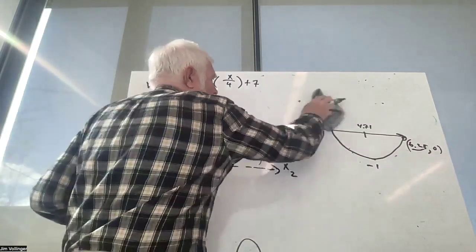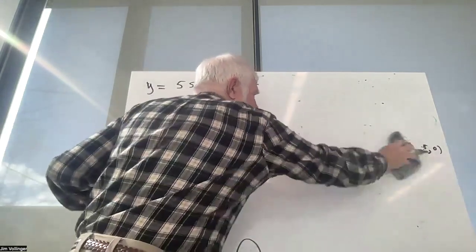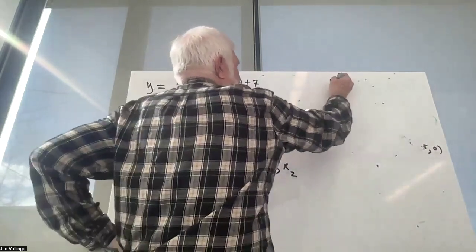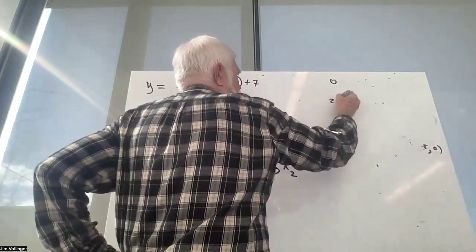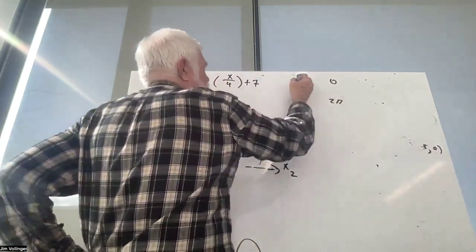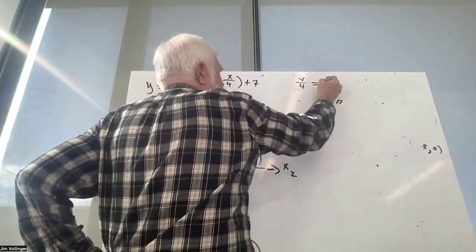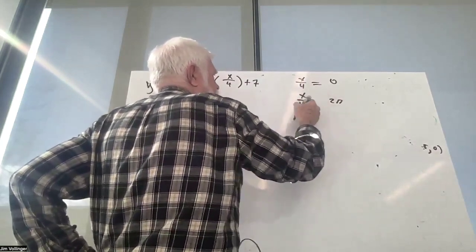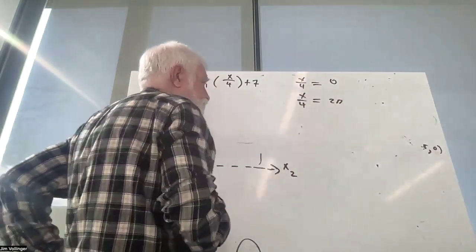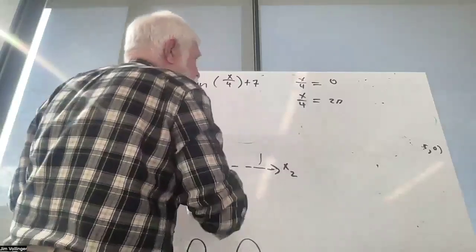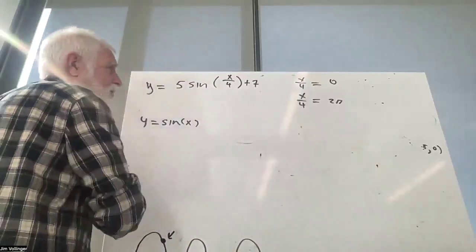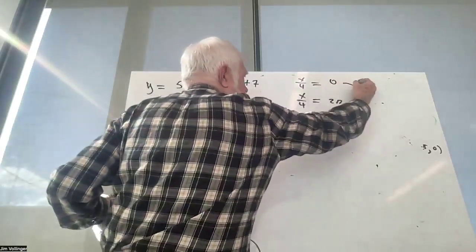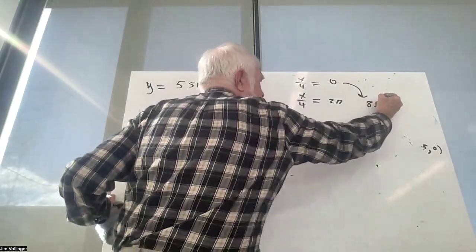All right, so the normal period starts at 0 and ends at 2 pi. And we want our parentheses, which is all about the angles, to equal 0, and we want it to equal 2 pi. I think I know my new period. I think my new period goes from 0 to 8 pi.